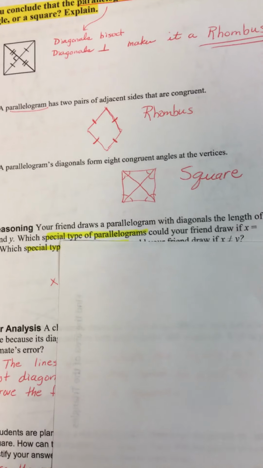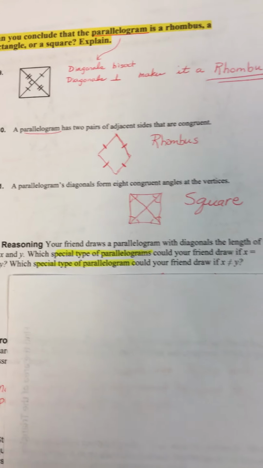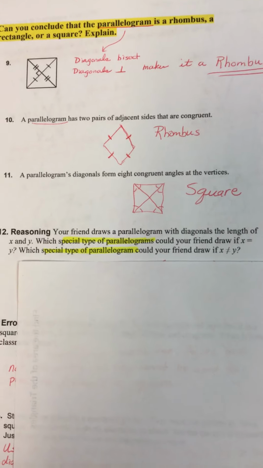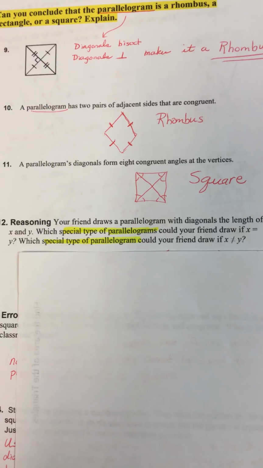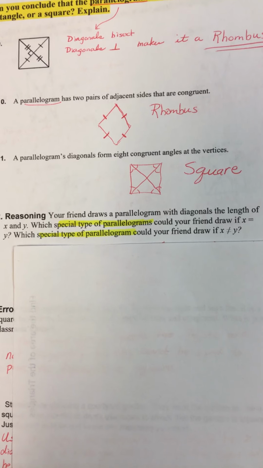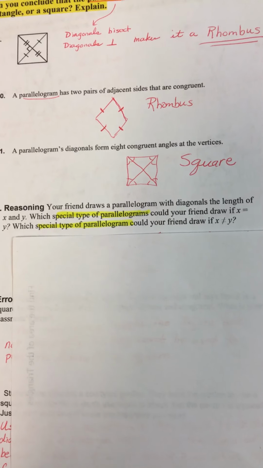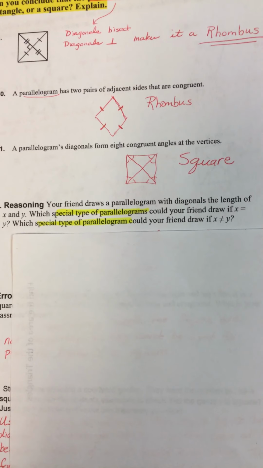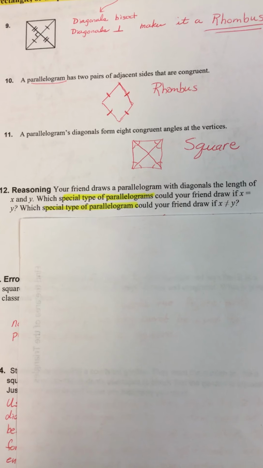Okay, so this next question is kind of confusing. When I read it, I had to reread it. It says your friend draws a parallelogram with diagonals of length x and y. Which special type of parallelogram could your friend draw if x actually equals y? The special parallelograms would be a rectangle or a rhombus or a square.